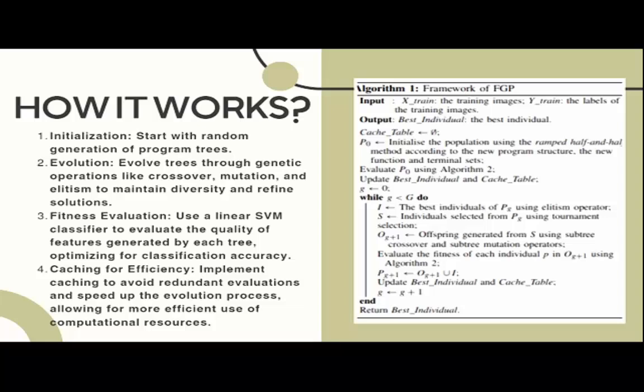One sample is going to be a group of the best individuals, using the LTS operator, from the previous population, and the second sample is going to be individuals selected from the previous population using tournament selection. Once you have this second sample, the algorithm generates an offspring using tree crossover and tree mutation operators.